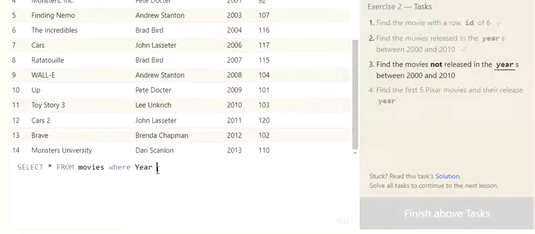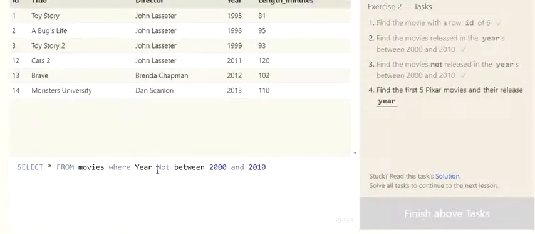So here it is something like not between 2000 and 2010. Here also these two values are inclusive. You have to keep in mind that these two values are always inclusive.